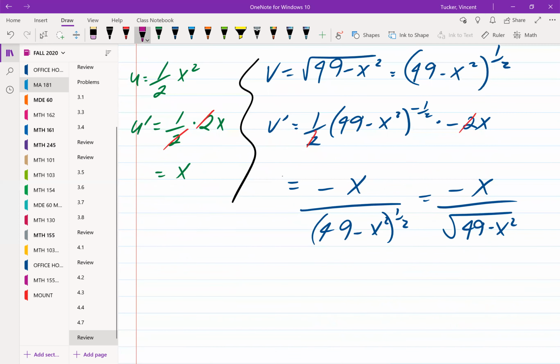Okay, so when we look at the product rule, if you have the derivative of uv, that's going to be u times v prime plus v times u prime.